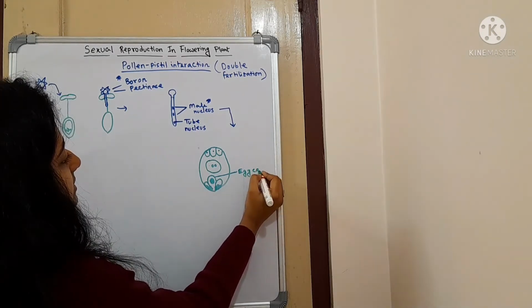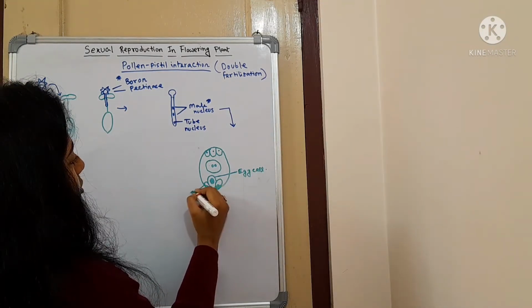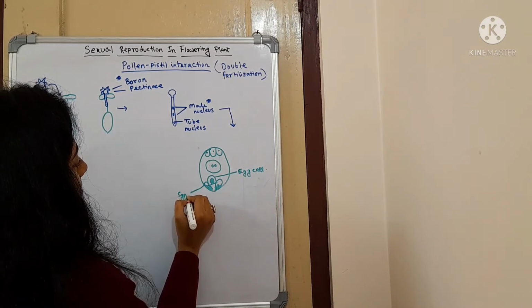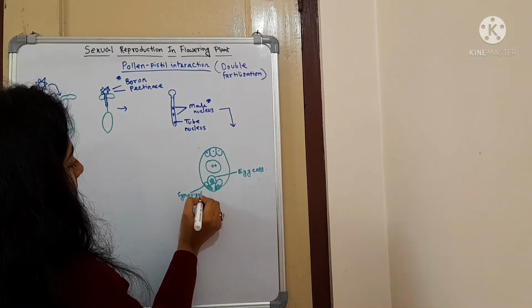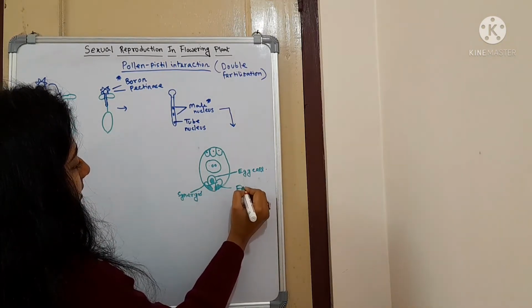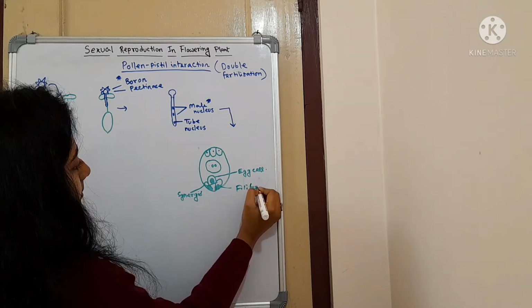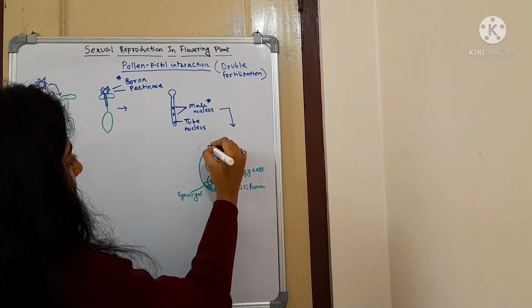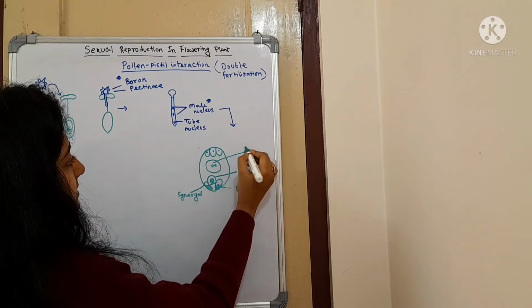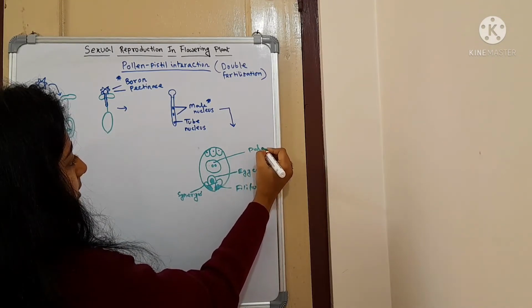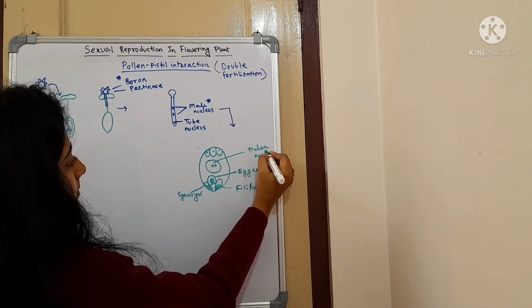This is the egg cell. These two are the synergids. Here is the filiform apparatus. And these three are the antipodal cells. This is the polar nuclei.